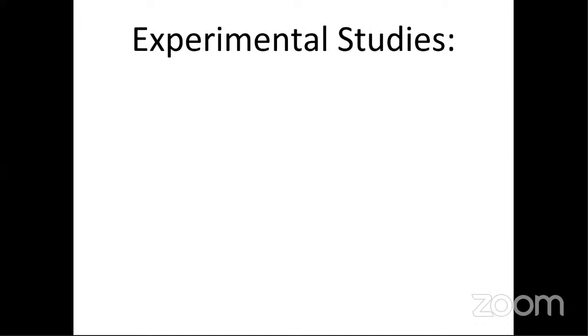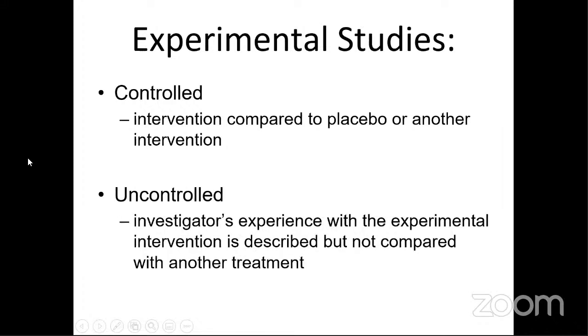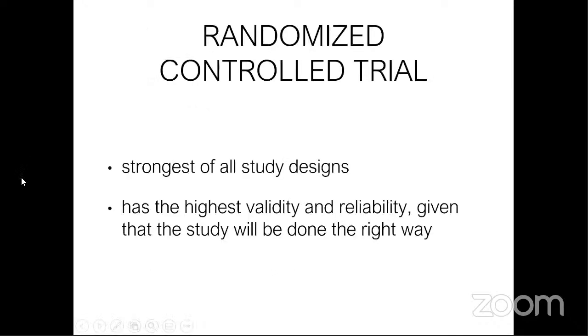Okay. For experimental studies, these are usually controlled experiments with an intervention that is compared to placebo or another intervention. Okay. Uncontrolled, so the investigators' experience with the experimental intervention is described but not compared with another treatment. Okay.